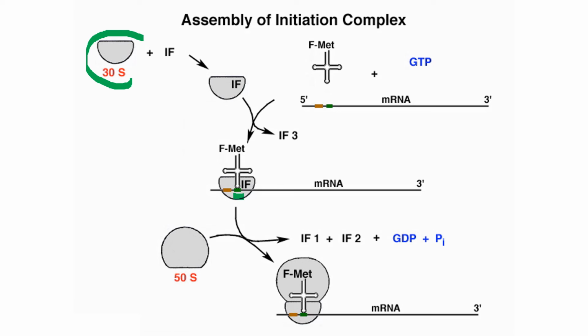So this is what provides the energy for this process. Then the complete 70S ribosome is now assembled. The f-Met tRNA is at the right place on the first AUG codon. So everything now is ready for that elongation process.